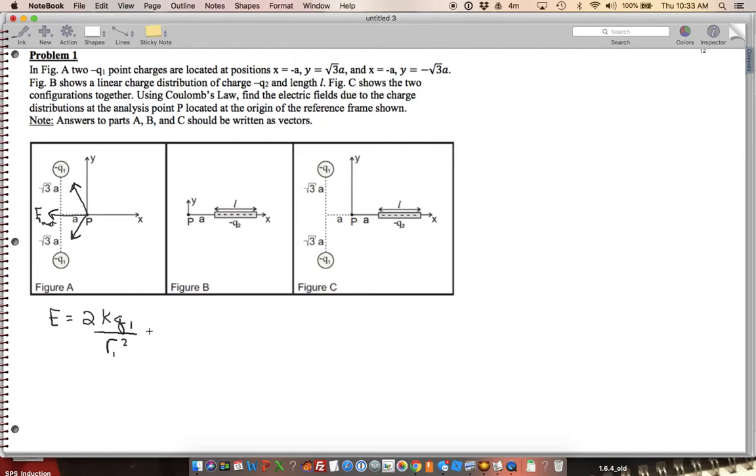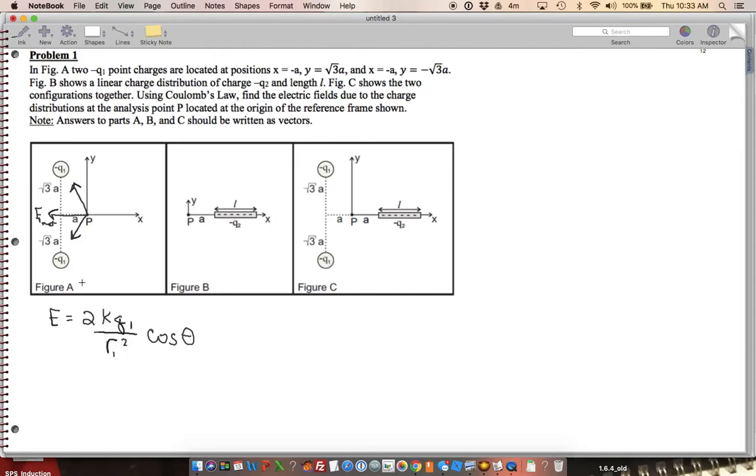And times cosine theta, because I'm taking the x component. Remember the 2 is because I've got 2 of them, and since they're equidistant away, my equation is going to be the same, kQ1 over r squared. Charge is the same, distance away is the same.